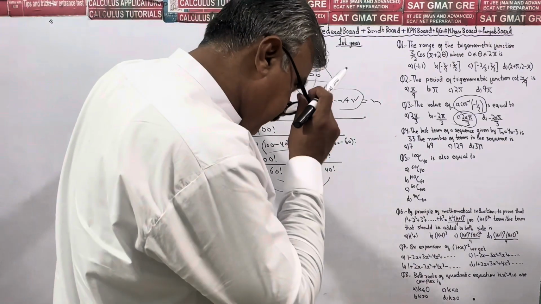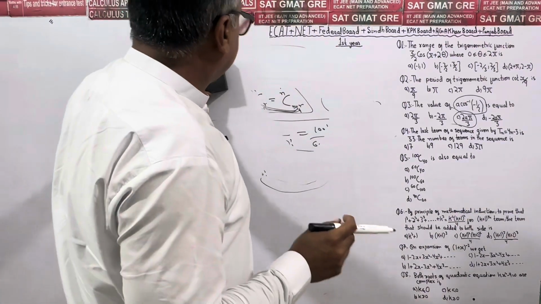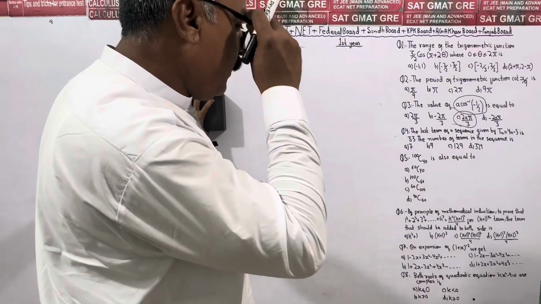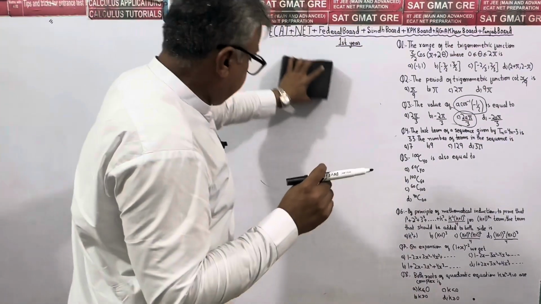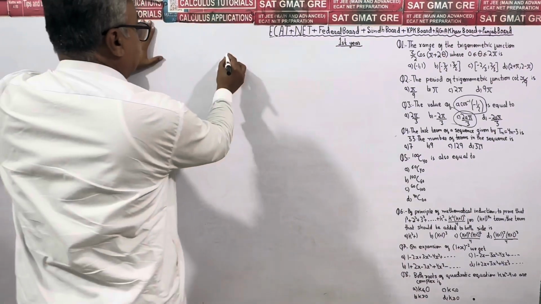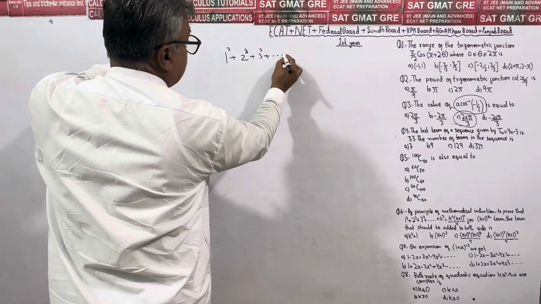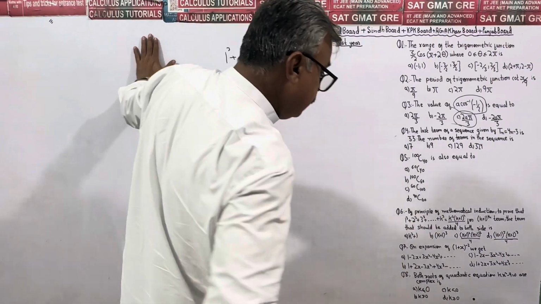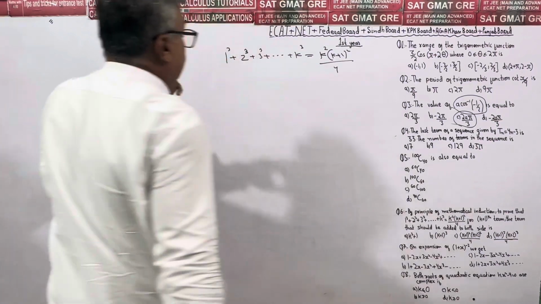By the principle of mathematical induction, to prove that the sum of the cubes of the first k natural numbers, 1 cube plus 2 cube plus 3 cube up to k cube, is equal to k square times (k plus 1) whole square over 4, for the (k plus 1)th term, what should be added in order to prove it?